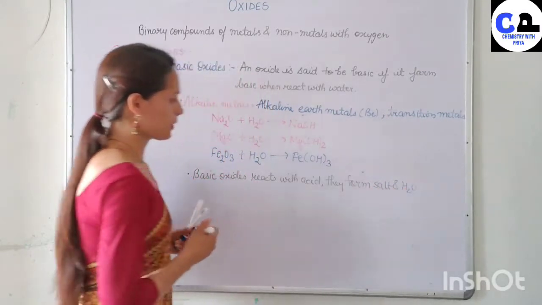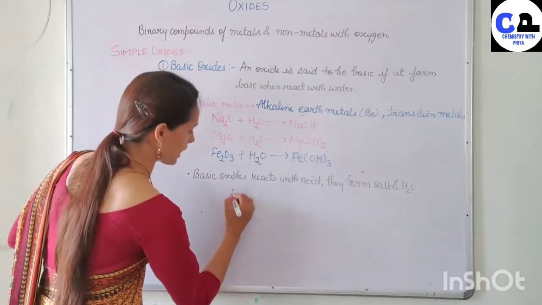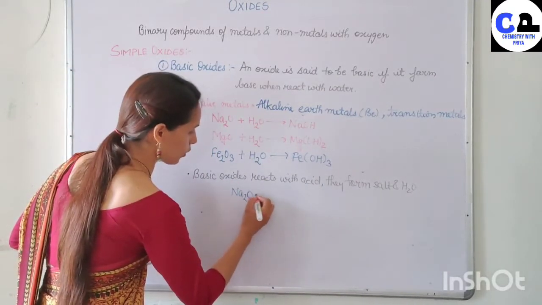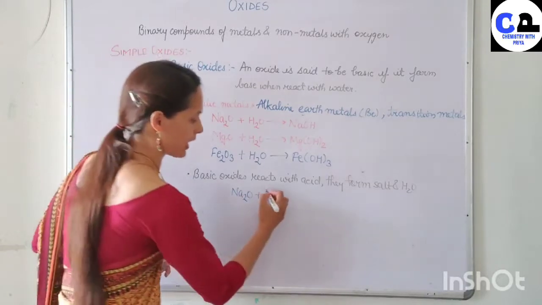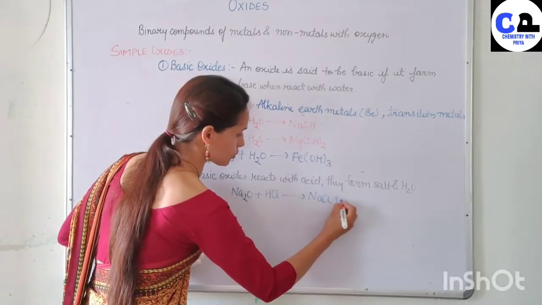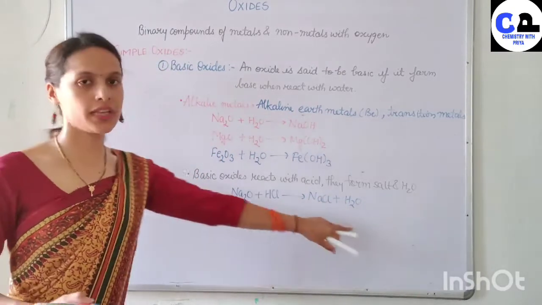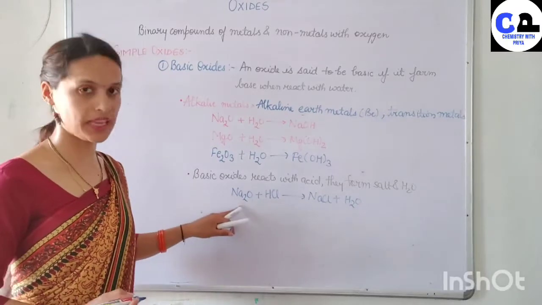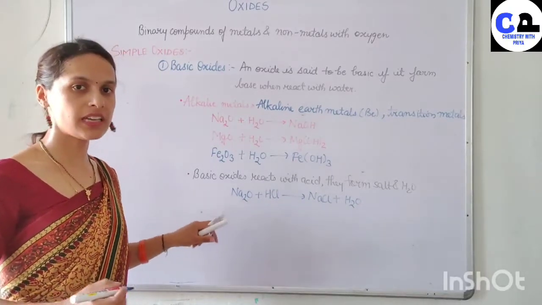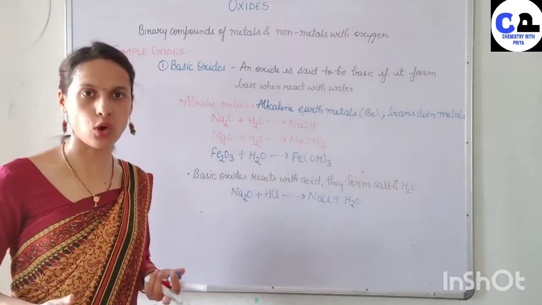For example, if I take Na2O, when this Na2O reacts with HCl, then it forms NaCl plus H2O. Why does it form NaCl plus H2O? Because it is basic in nature, it acts as a base, and when a base reacts with acid, we get salt and water.